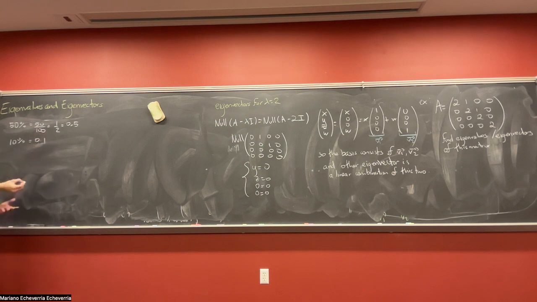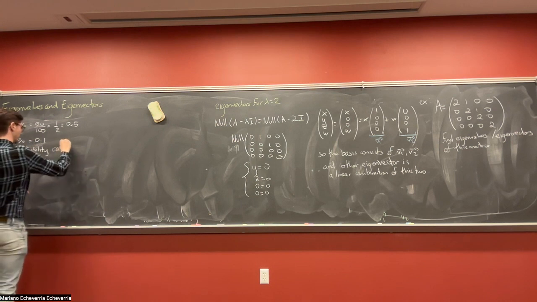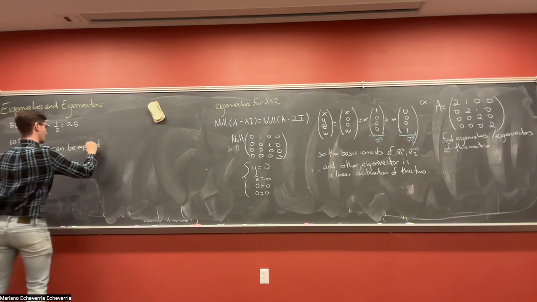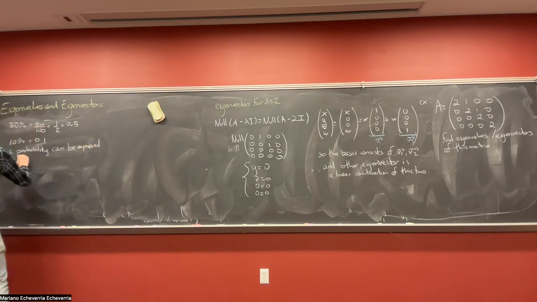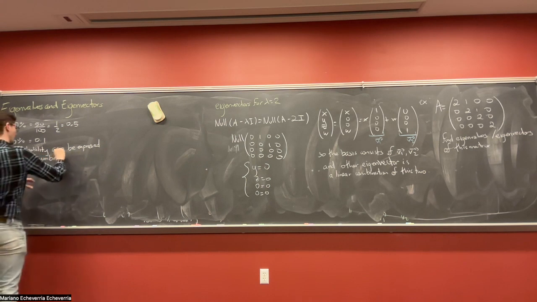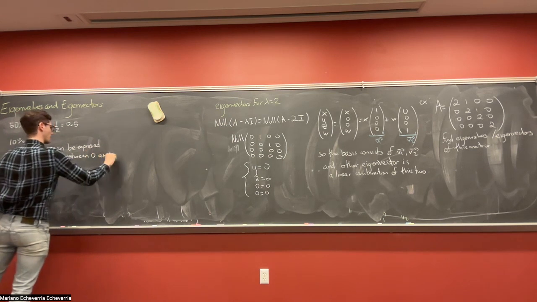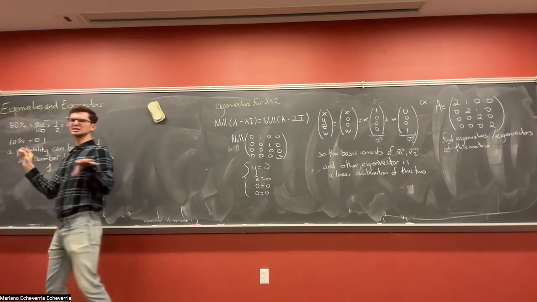So any probability given as a percentage can be expressed as a number between 0 and 1. Is that making sense?